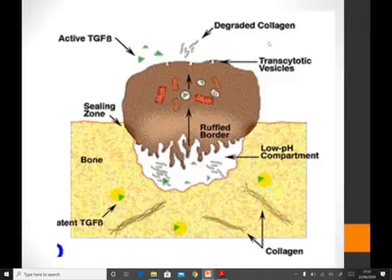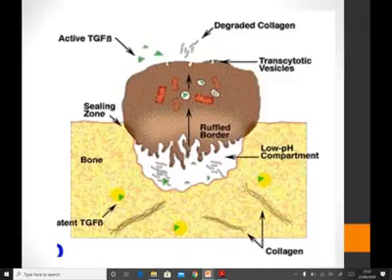Once the organic matrix has been degraded, the degraded organic particles are packed into vesicles, and they are taken back by the osteoclast by the process called endocytosis, and they cross the cytoplasm of the osteoclast and exit the osteoclast, as you can see here through these arrows, from the opposite border of the osteoclast.